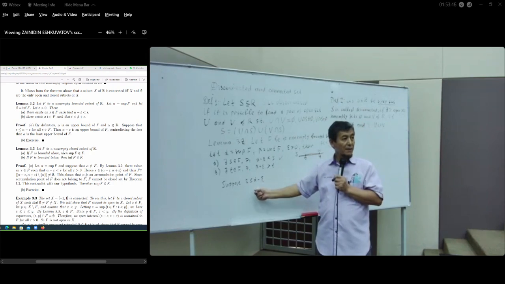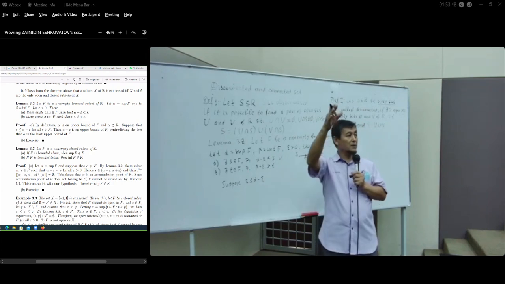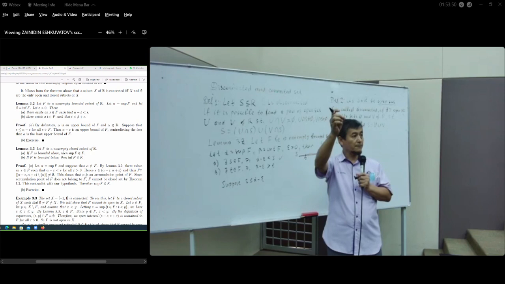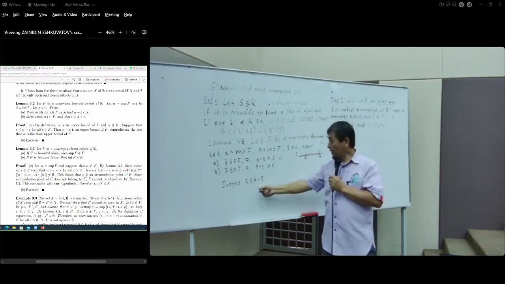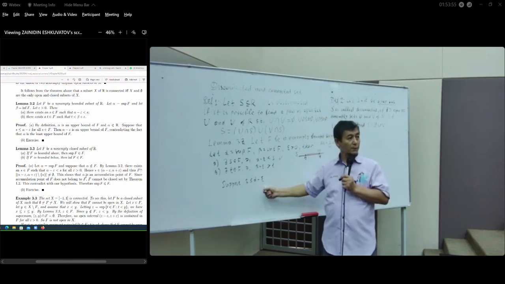Alpha is the supremum, therefore it is the upper bound, and from the upper bound we are taking out some epsilon.